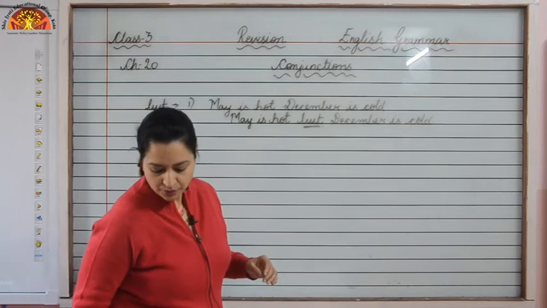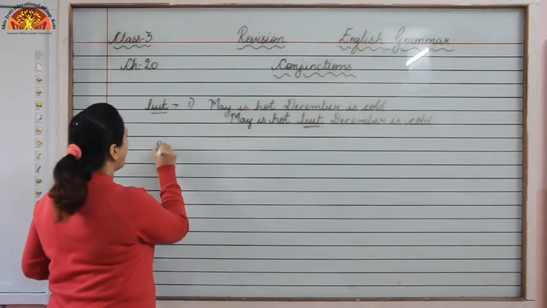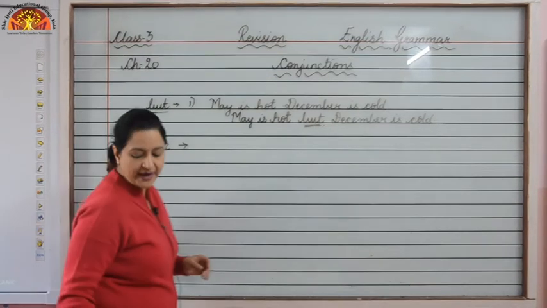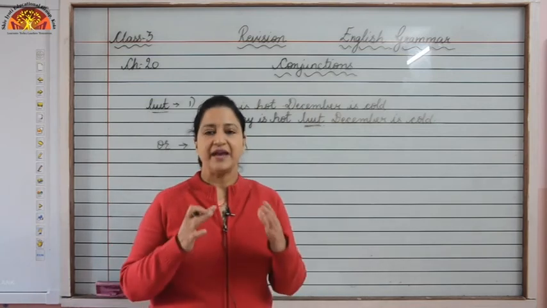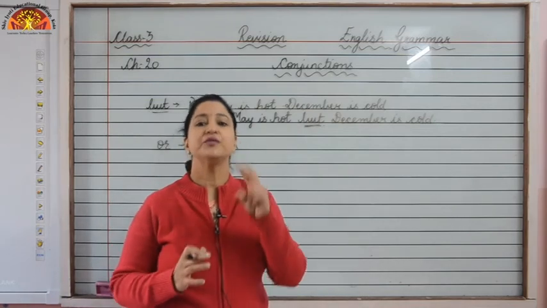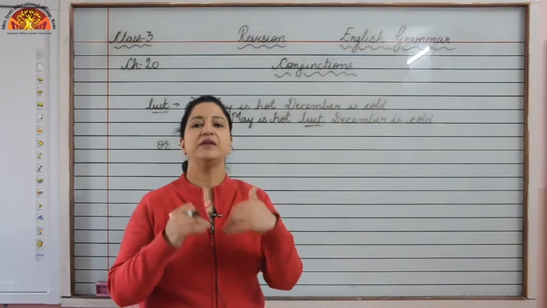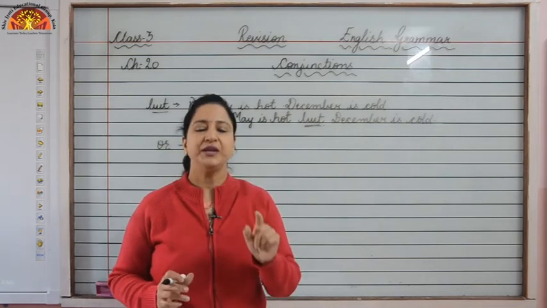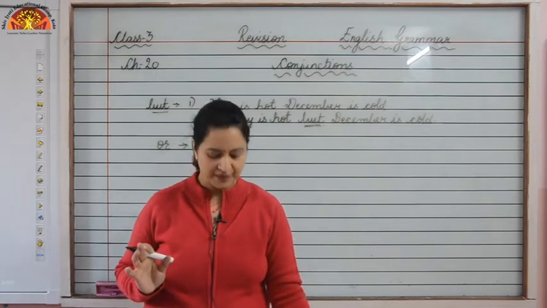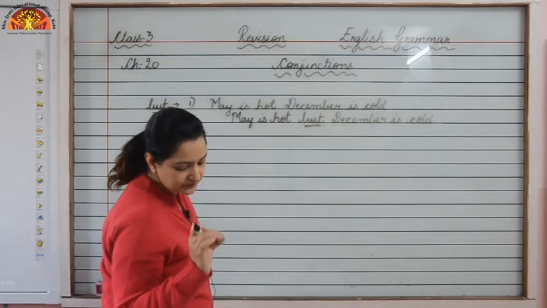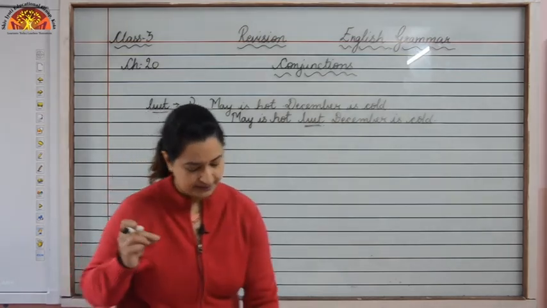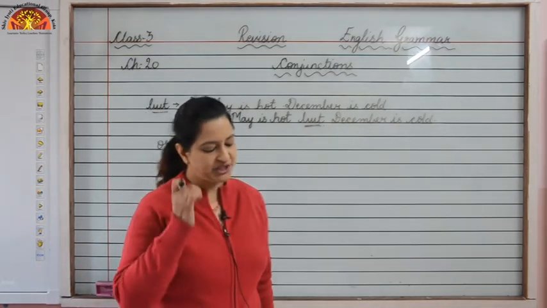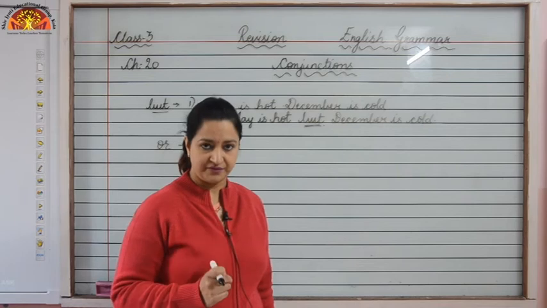Now where to use or? When there is a choice between two things. When we are giving or getting a choice between two things, we use or. For example, is Jaslene's birthday in January?